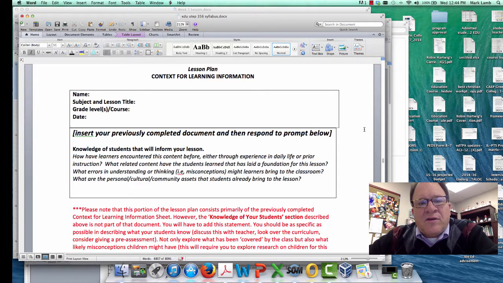And then under that, you see knowledge of students that will inform your lesson. Please be sure to see the note here at the bottom in red that text, that prompt, is separate from the context for learning. So you don't just insert the context for learning and you're done. You have to then address this prompt about the knowledge of the students to inform your lesson.